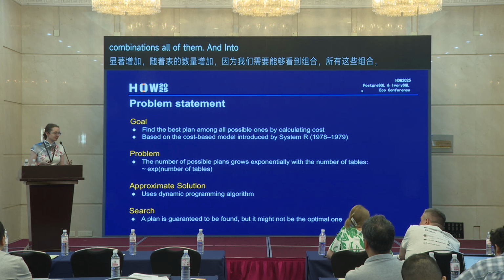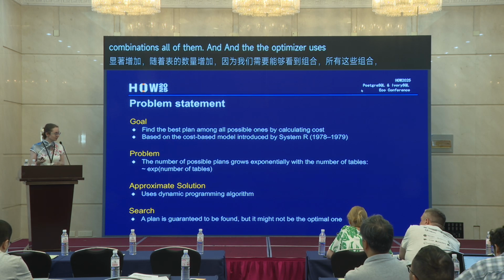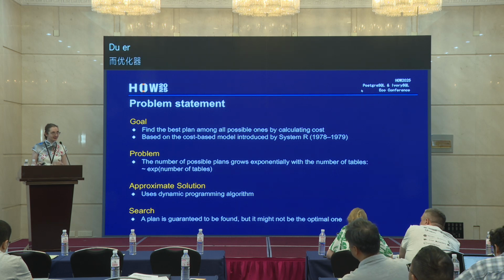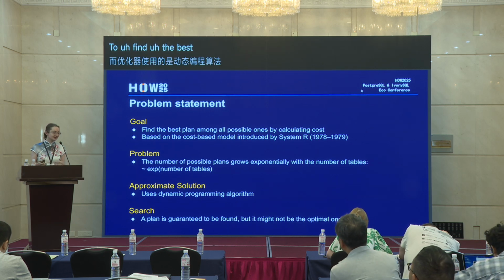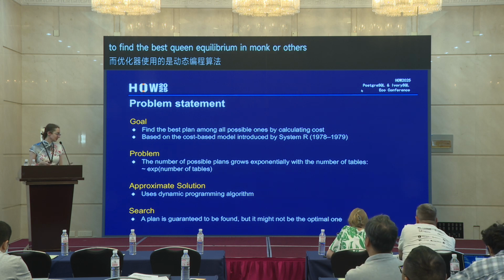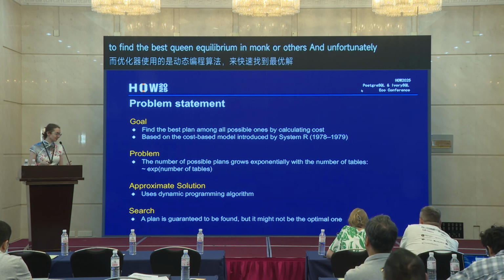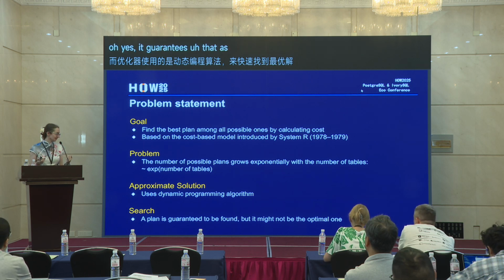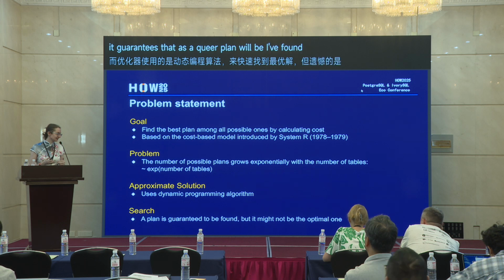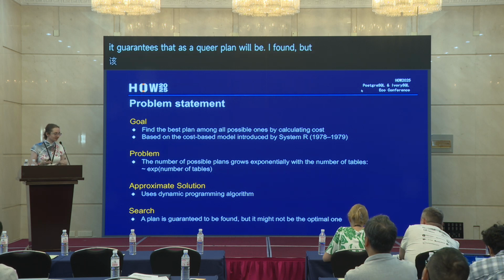The optimizer uses a dynamic programming algorithm to find the best query plan among others. And unfortunately, it guarantees that a query plan will be found, but it might be a non-optimal one.